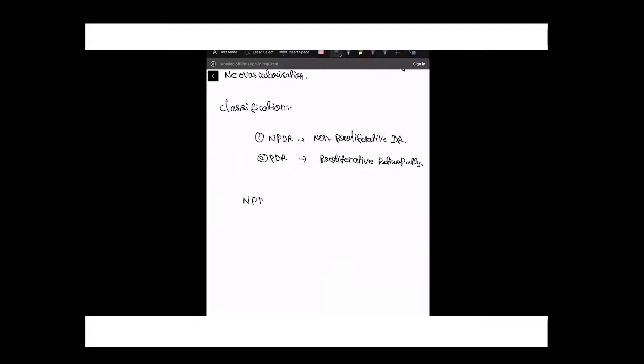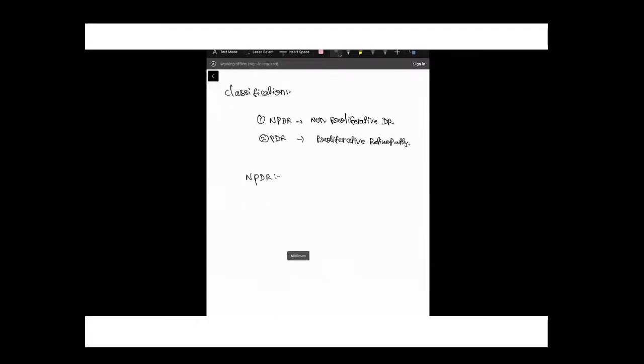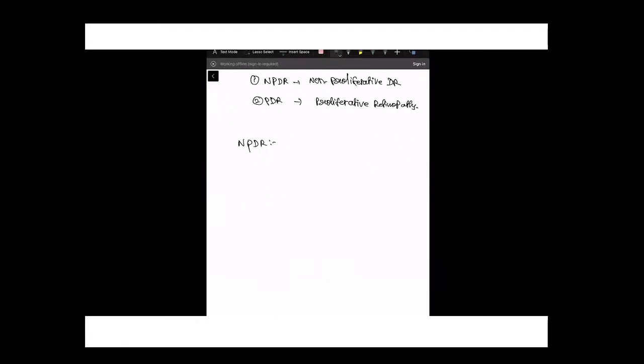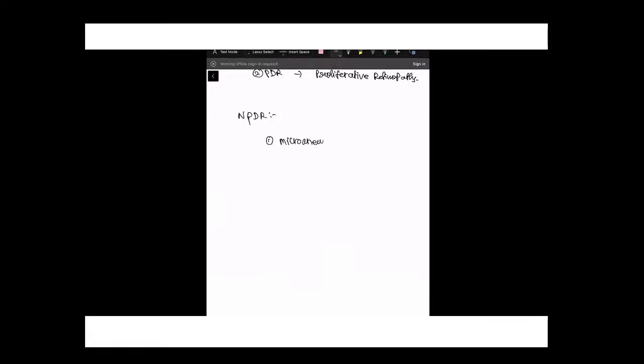NPDR, non-proliferative diabetic retinopathy. There are microaneurysms. Previously, we discussed how this microaneurysm happens. It's the earliest manifestation.